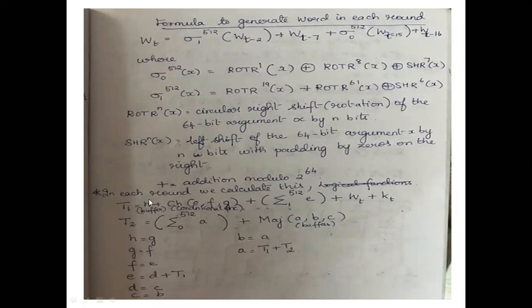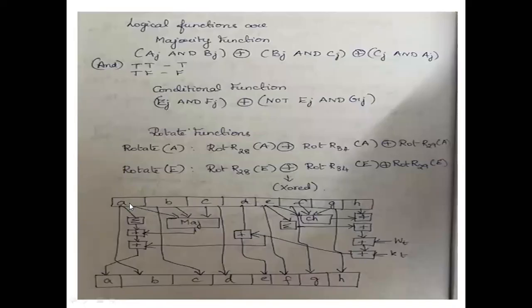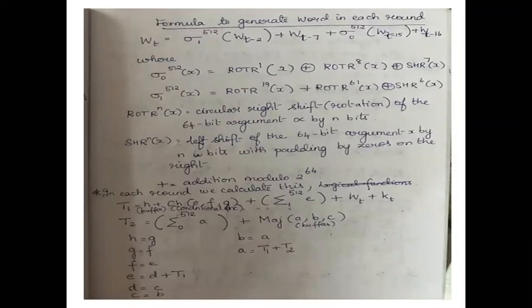So this is the word calculation from W16 to W79. Then in each round, what are we doing? We'll see the diagram first.